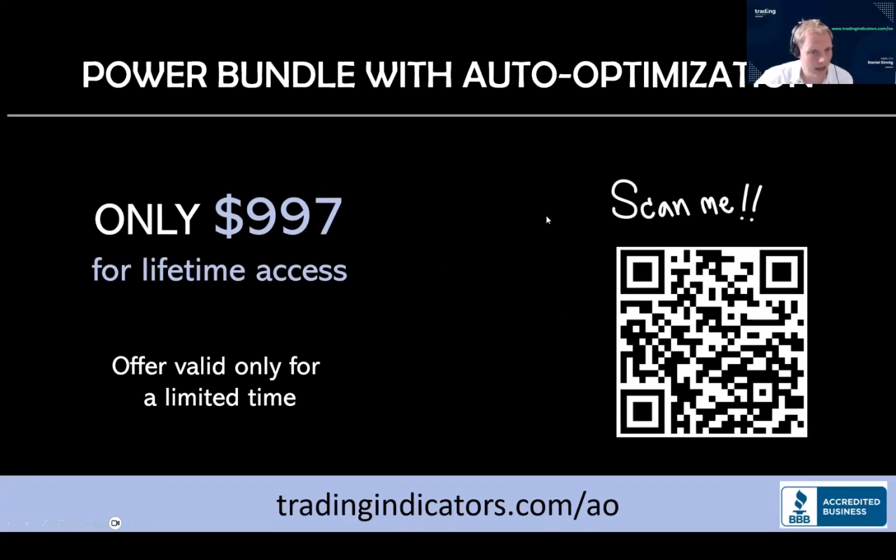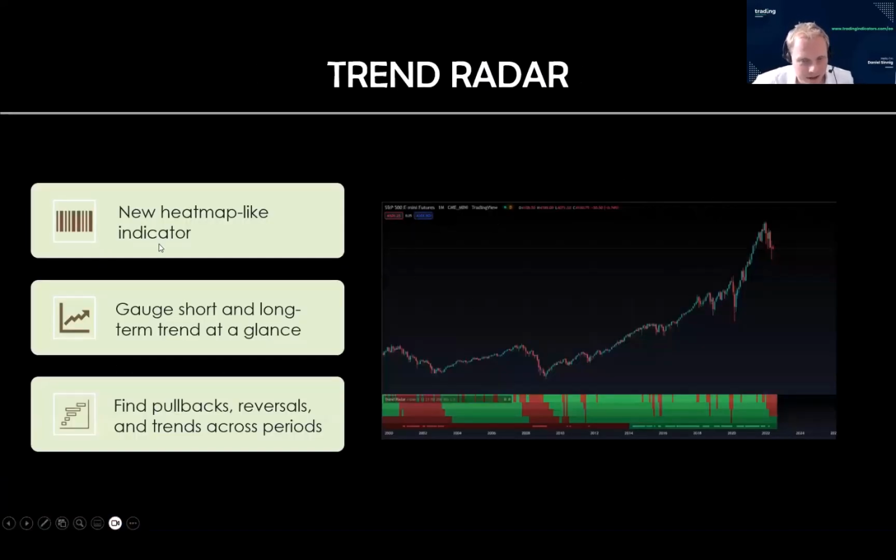All right, and I mentioned that you will get one additional goodie with our package, which is the Trend Radar indicator, which is an indicator that looks like this, like a heat map. It's shown below the chart, and it's a very handy tool to see what the short-term trend, medium-term trend, and long-term trend are doing.